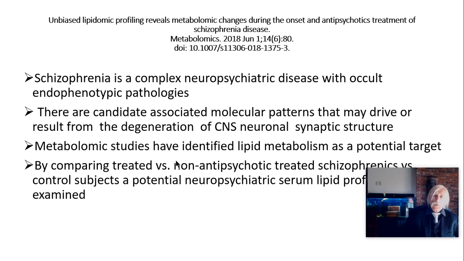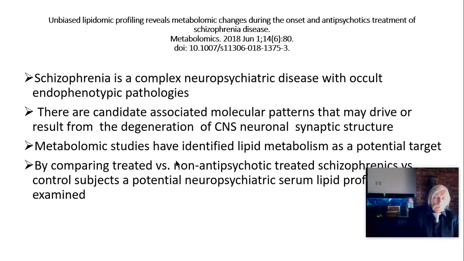There are candidate-associated molecular patterns, and they may drive or result from the degeneration of the central nervous system, neuronal synaptic structure. So it looks like something in schizophrenia has to do with some kind of degeneration. Now, basically all neurological diseases have something to do with degeneration, unless they're cancers, and then you're talking about a proliferation of cells in the form of a tumor. And even then, eventually, you get a lot of degeneration.